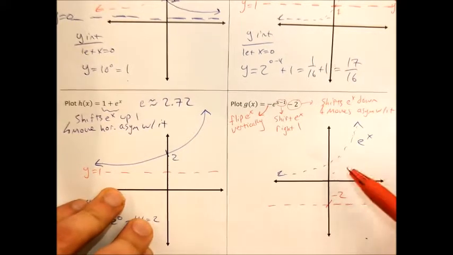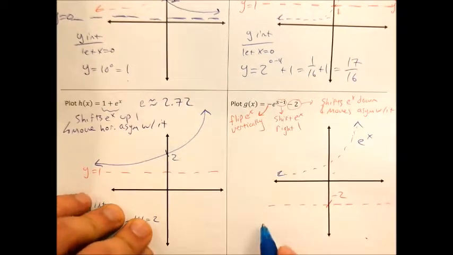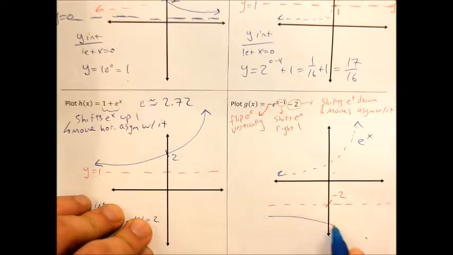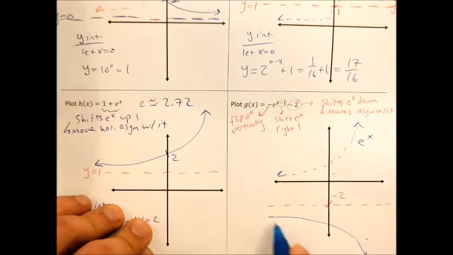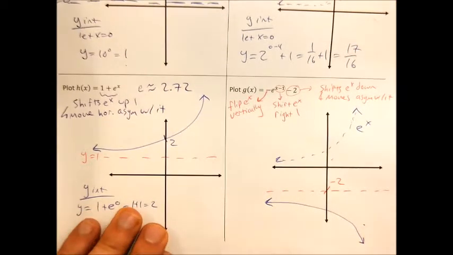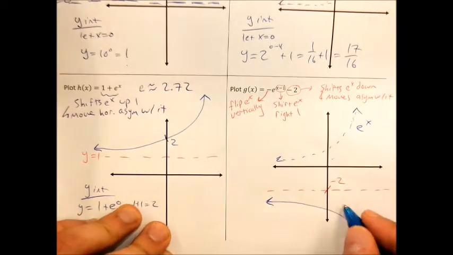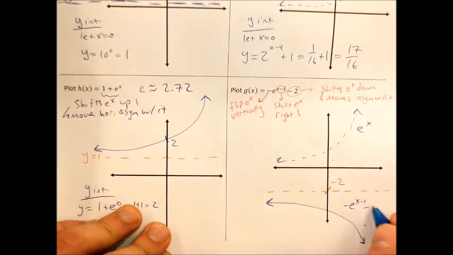And then we're flipping it over upside down and moving it to the right. And so it might end up looking something like this. So this is what minus e to the x minus 1 minus 2 might look like.